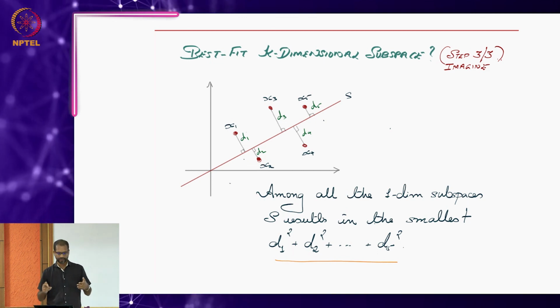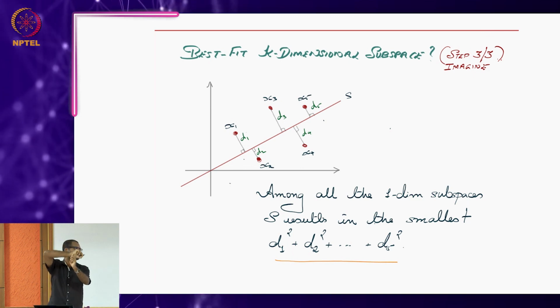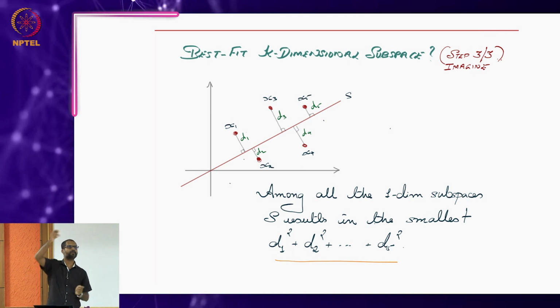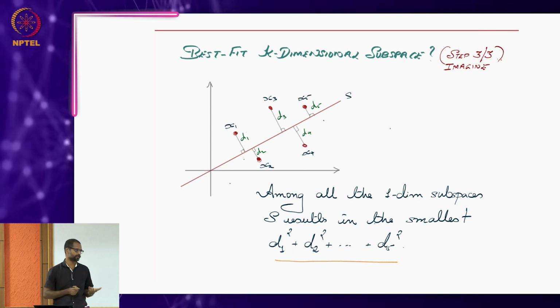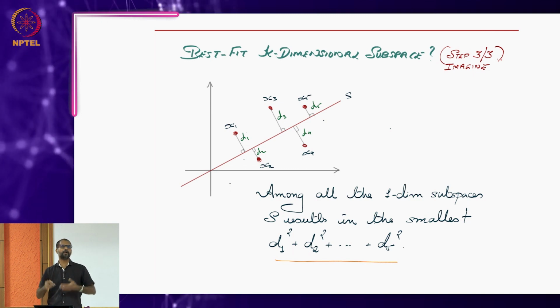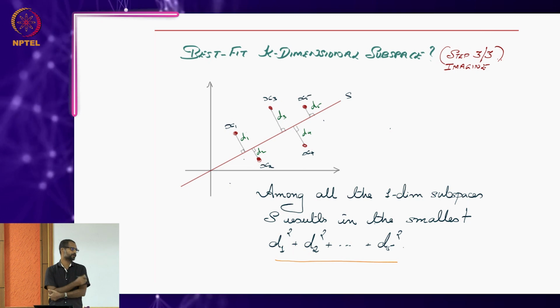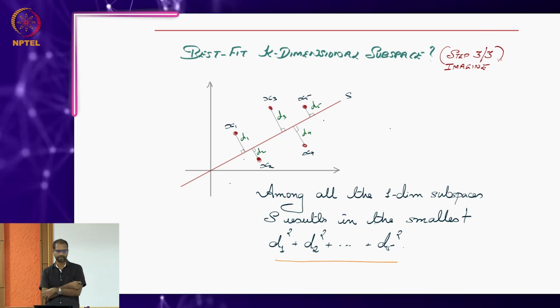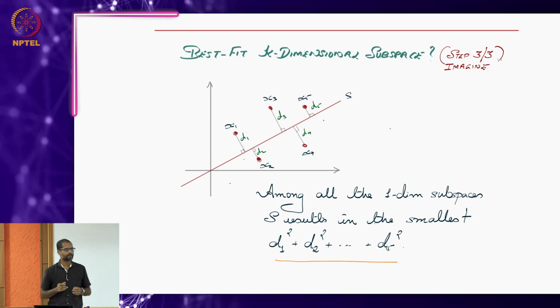For example, if all your data points were in a circular fashion around the origin, it's a very symmetric structure, and every line will be equally good. So the best fit subspace needn't be unique, but among all those which minimize this error, you pick one of them. Is this clear in your mind?